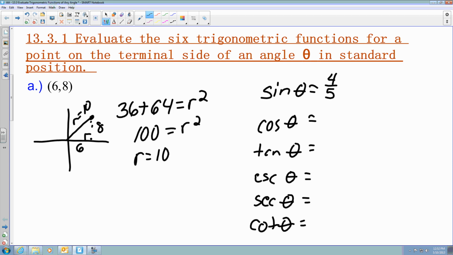Cosine is adjacent over hypotenuse, and in lowest terms it's going to be 3 over 5. Tangent is y divided by x, and in lowest terms that's 4 over 3. And then cosecant, secant, and cotangent are just the reciprocals of sine, cosine, and tangent respectively, so I have 5 over 4, 5 over 3, and 3 over 4.